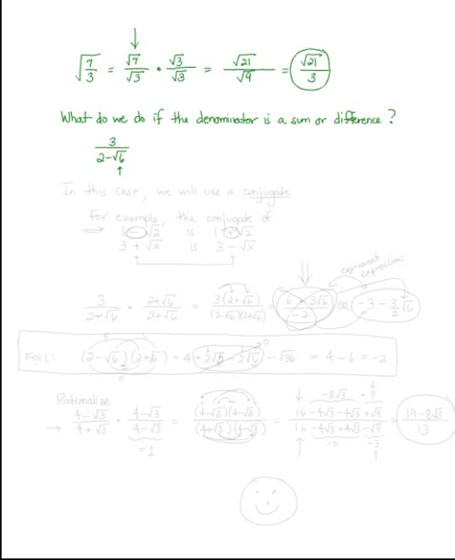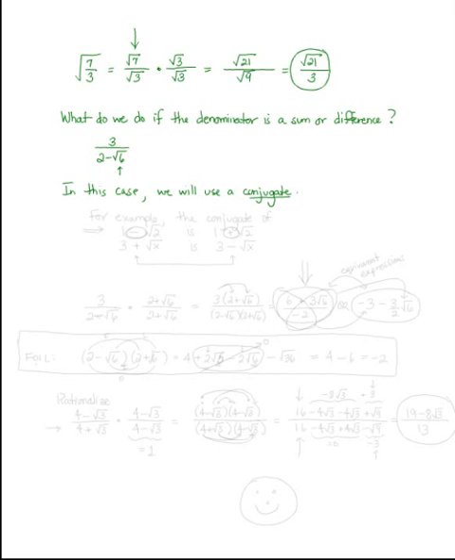In this case, we're going to use something called a conjugate. A conjugate is found by changing a sum to a difference, or a difference to a sum.